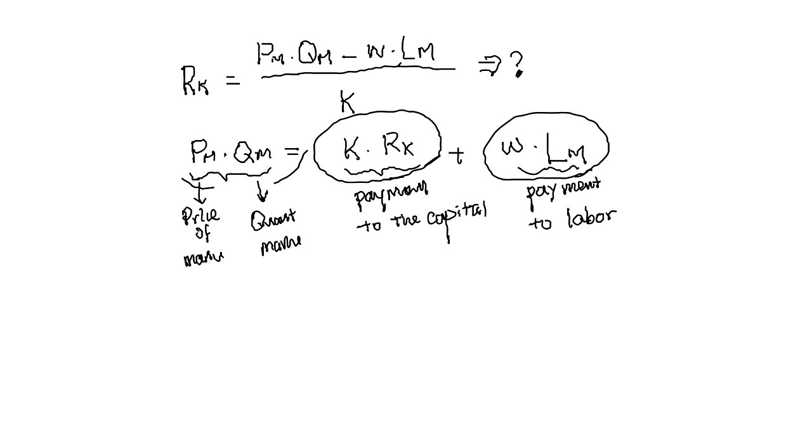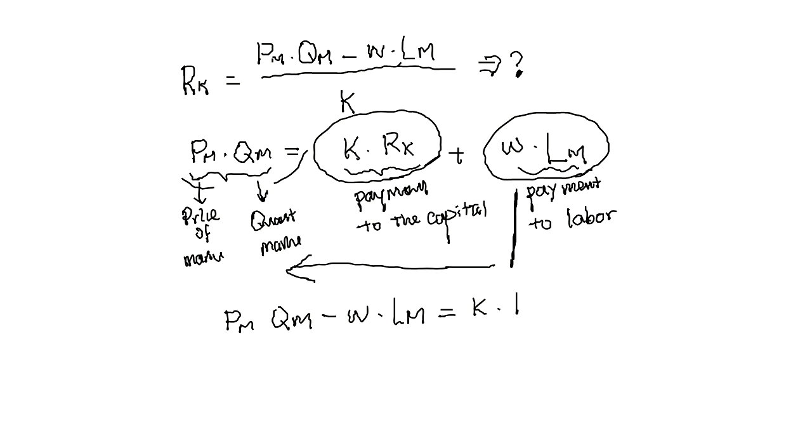All right, so if you do the algebra, you put this last term at the right-hand side to the left, you will get this. Right? And K, if you divide it at both sides of the equation, you will get K in the denominator in the left-hand side is equal to RK.